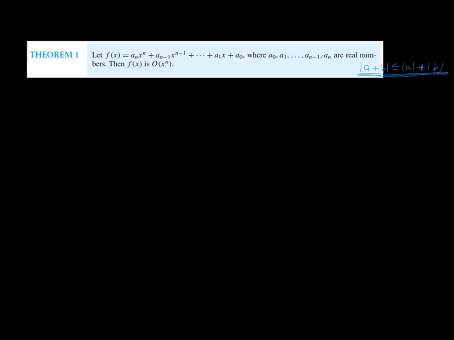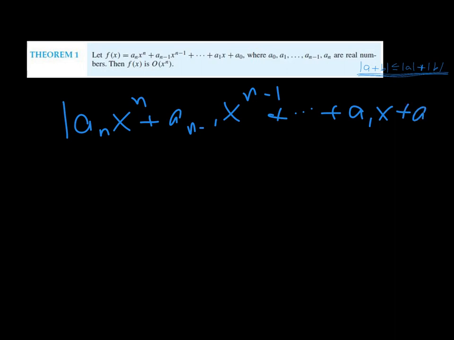We're going to start with just the absolute value of a_n x^n plus a_(n-1) x^(n-1) and so forth to a_1 x plus a_0. So just copy down what the polynomial is.